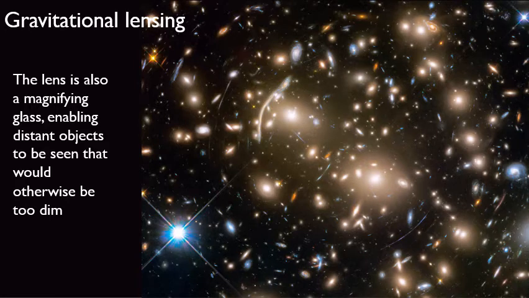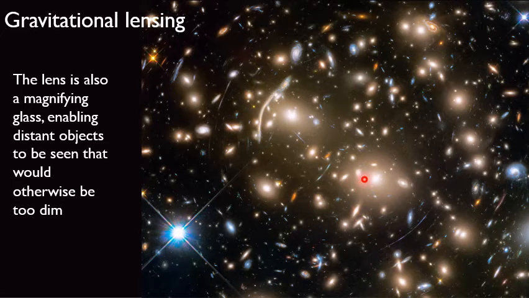This is a really cool image of a galaxy cluster lensing distant galaxies. The point is not only that this looks really cool, but that you can use gravitational lensing as a sort of magnifying glass to see very distant objects. The bright yellow orbs here are a galaxy cluster, a bunch of different galaxies that together form a cluster.